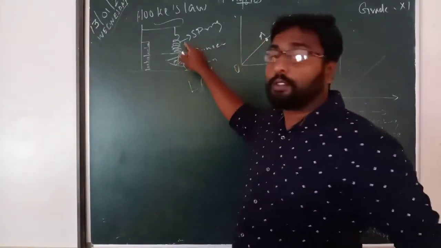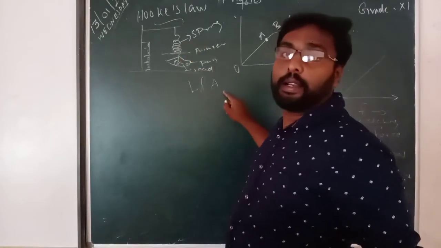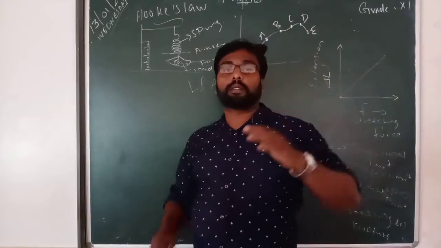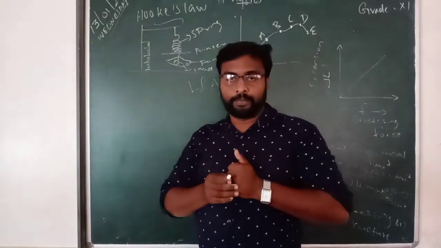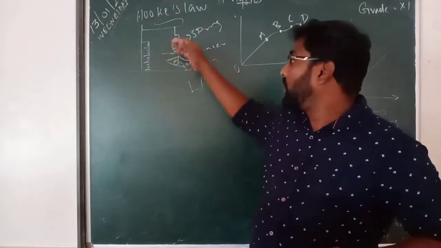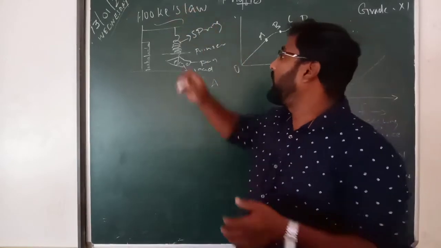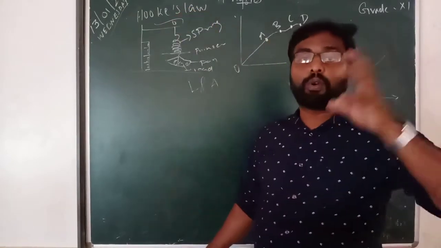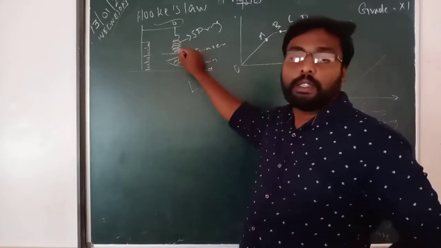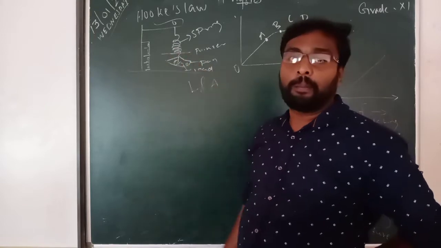Like that, a string is chosen of length L and cross-sectional area A, and it is stretched like a spring. Now one end of this stretched spring is attached to a fixed point O, and the free end of this spring is attached by using a band and a pointer.